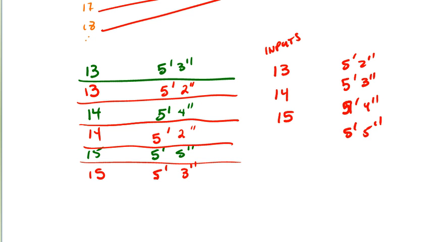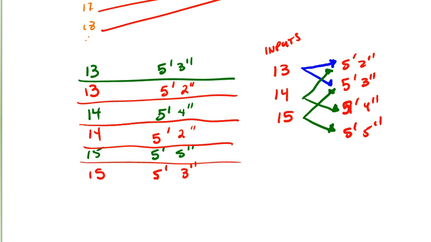Now I can map these, right? 13 can go to 5 foot 3, or it can go to 5 foot 2. 14 can go to 5 foot 4 or 5 foot 2. 15 can go to 5 foot 5 or 5 foot 3.